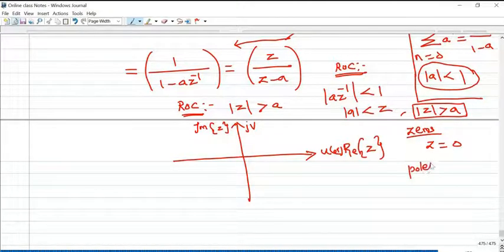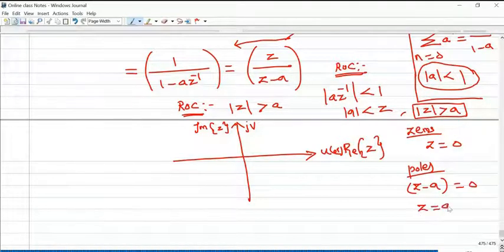Poles: how to find how many poles are there and what are the pole values? We have to equate the denominator equal to 0. Factorize first and equate it to 0. Well, only one term is there. So Z minus A equal to 0, Z equal to A.